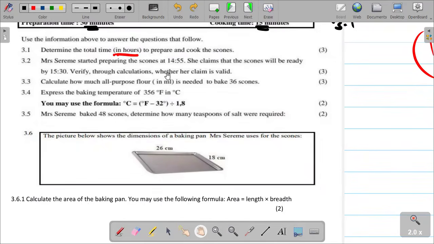Verify through calculation whether the claim is valid. She started preparing at 14:55, and she is claiming that they will be ready at 15:30.